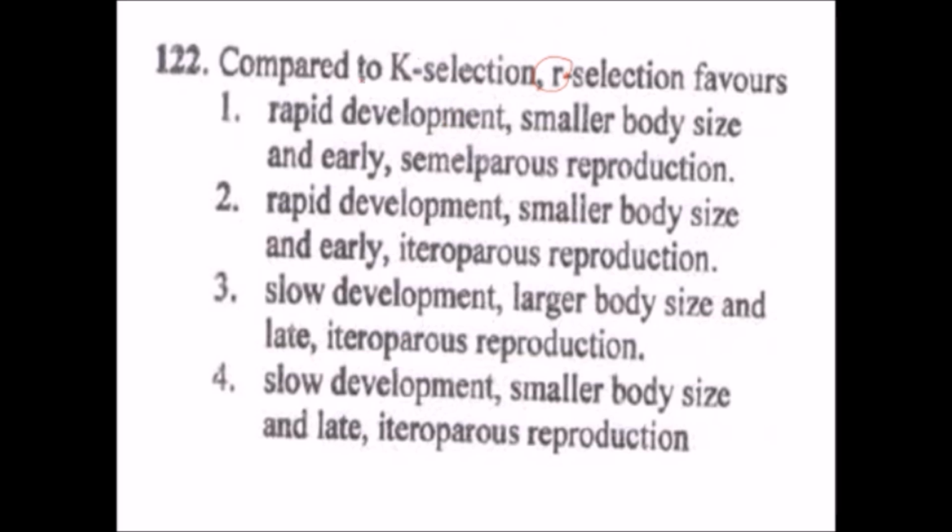So the answer will be, as compared to K, R selection favors rapid development, small body size, and early development with iteroparous reproduction. So the answer will be number 2.